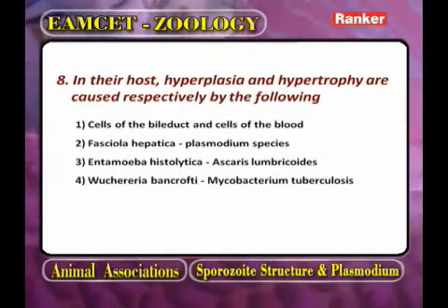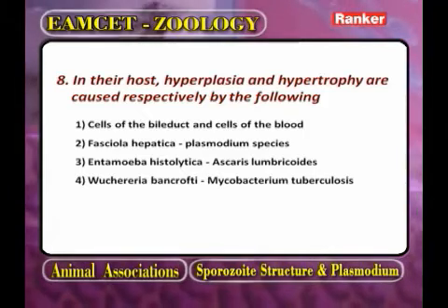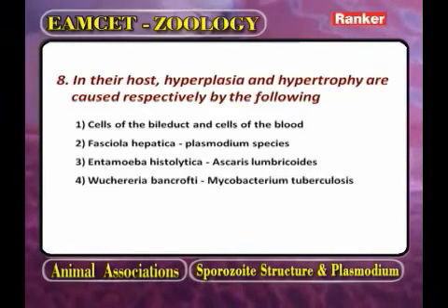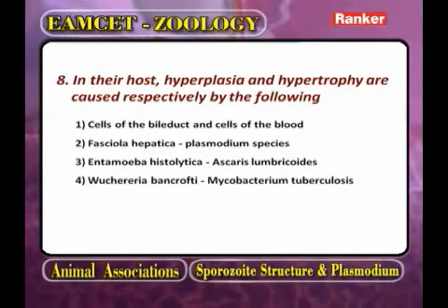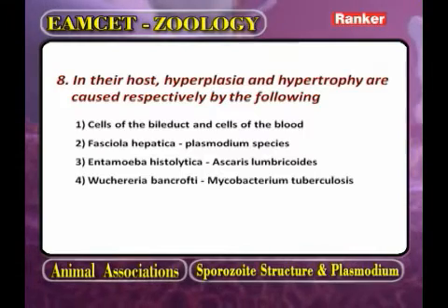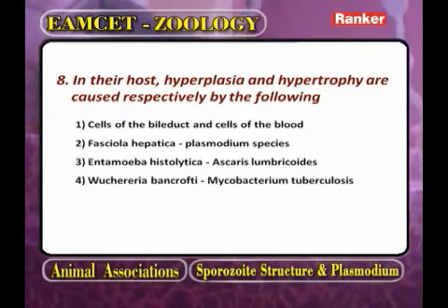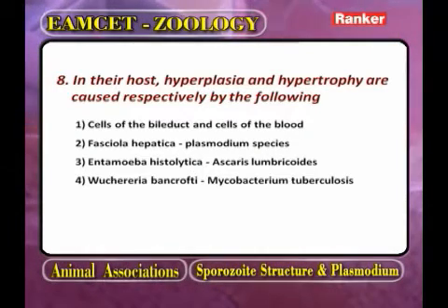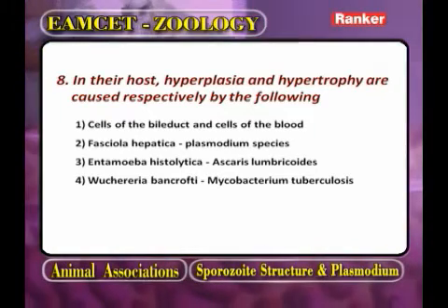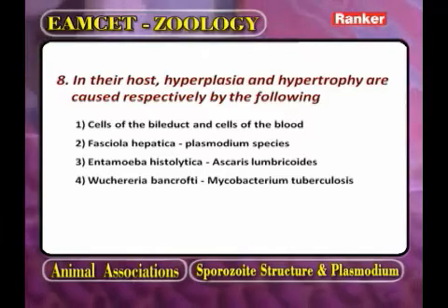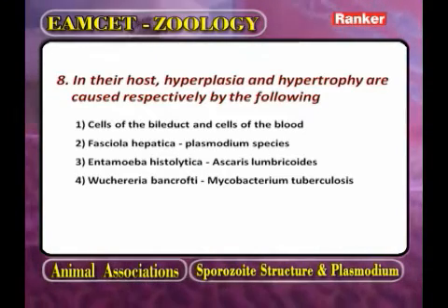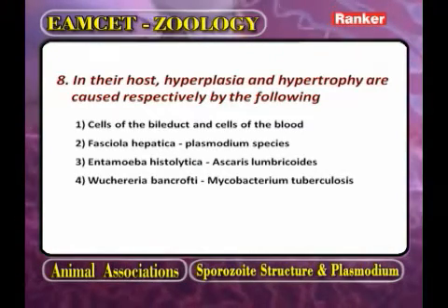In their host, hyperplasia and hypertrophy are caused respectively by the following. Here again you have to observe. In the host body, hyperplasia and hypertrophy are caused respectively. Now this concept we discuss in the effects of the parasites.